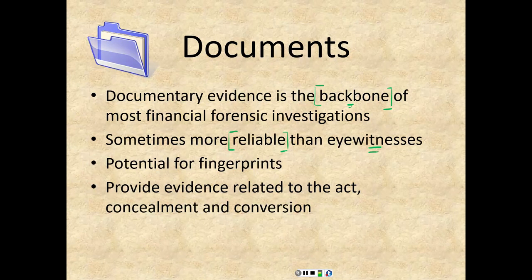People change, even eyewitnesses change over time, what their recollection is. If there is an actual physical document, there is the potential for fingerprints, provided it was handled properly, which is a problem. So you have to be careful with handling documents. You could spoil them by handling them without gloves and things like this. And again, it provides evidence related to all three of these items.